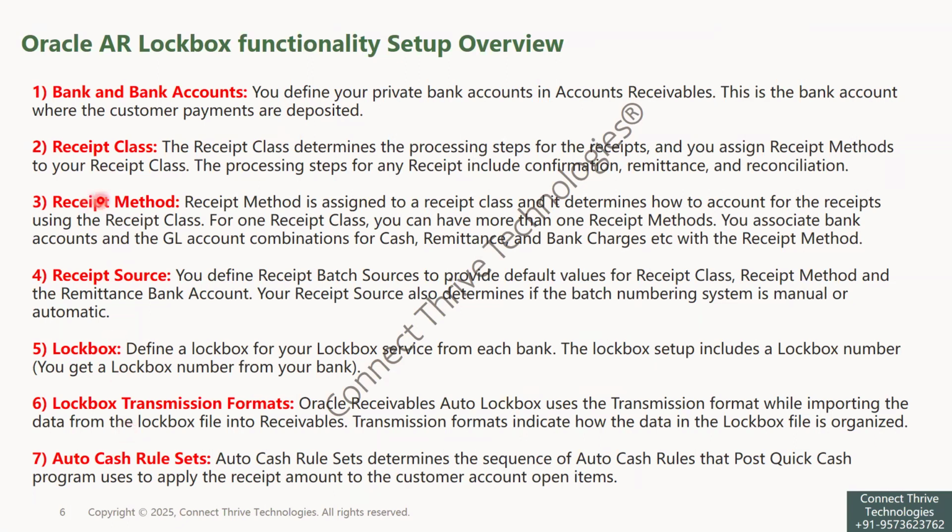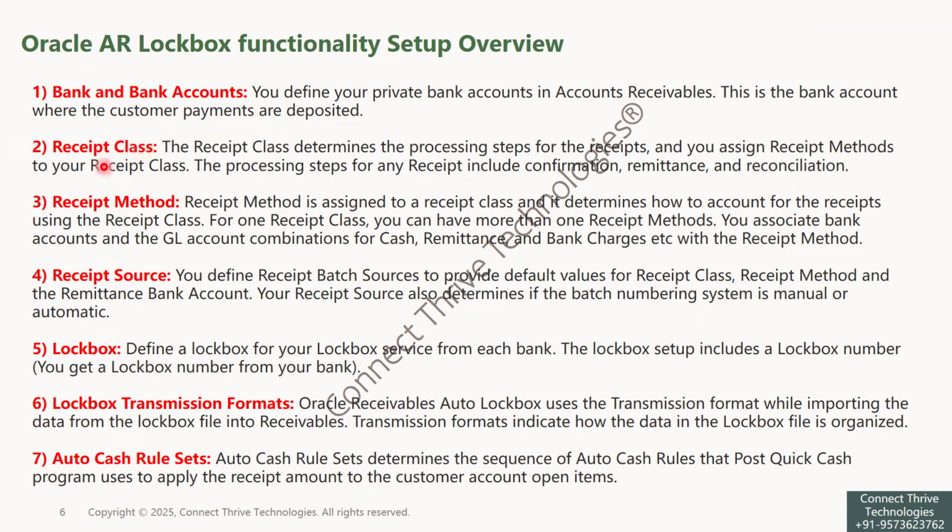I hope you are already aware of the bank accounts: your internal organization's bank, branch and bank account should be there. The receipt class teaches our system how you want to create your receipts and process remittance, whether automatic receipt creation or manual creation.